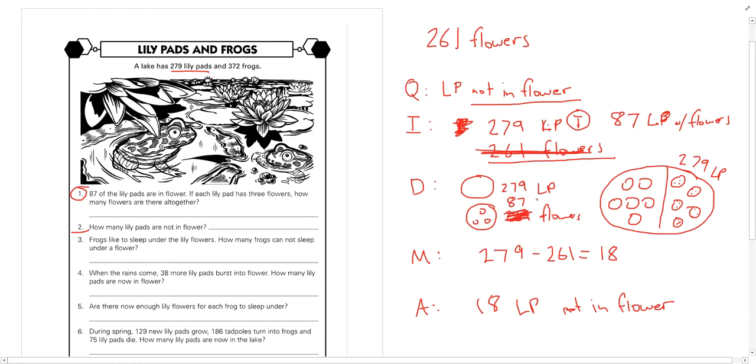So 87 lily pads with flowers, and then the math should be 279 take away 87, and the answer is, we can do it here, 279 take away 87, and 9 take 7 is 2, 7 take 8, we can't do it, rename 100 as 10 tens, 17 take away 8 is 9, 192. So the answer was 192 lily pads not in flower.